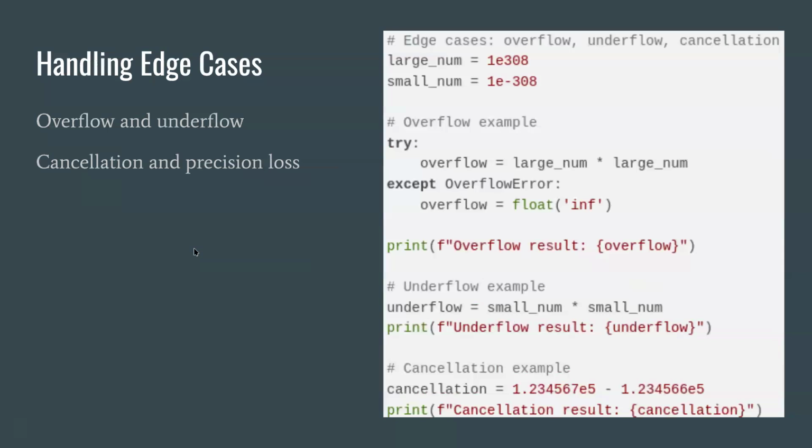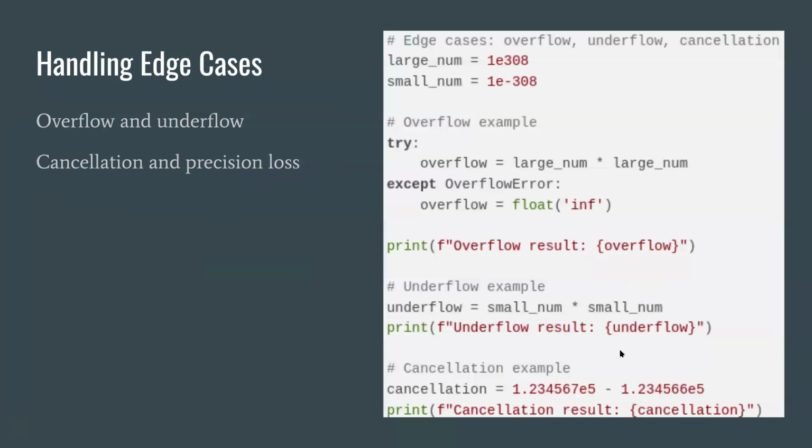Underflow happens when a result is smaller than the smallest representable number, leading to denormalized numbers or zero. And cancellation occurs when subtracting nearly equal numbers, causing significant precision loss. Being aware of these edge cases helps, especially if you are dealing with numerical algorithms.